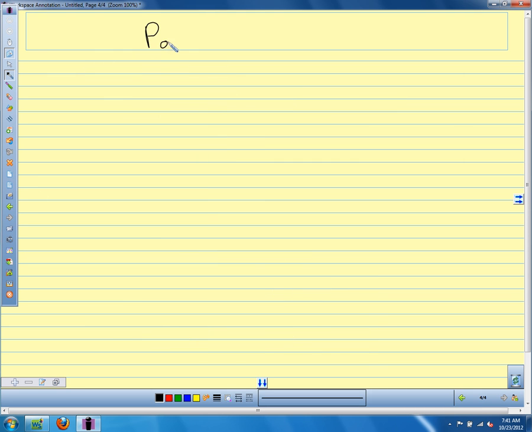So polar graphs. And that book that I was showing you is full of graphs of polar equations. So a couple of ways that we can figure out graphs of polar equations. Graphing polar equations by hand is kind of difficult.